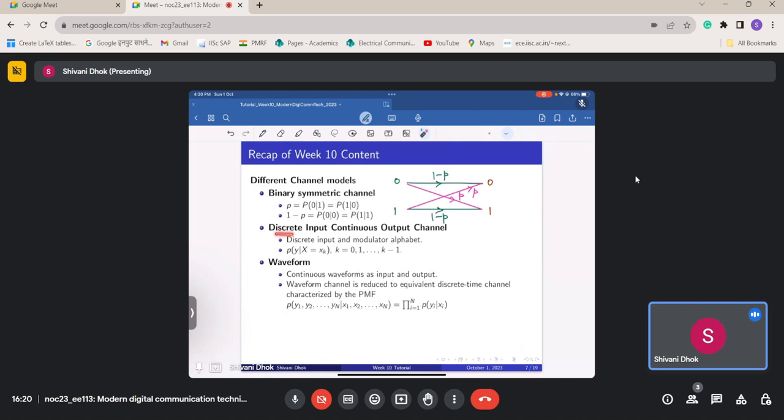After that, the discrete input continuous output channel was discussed. So in this, we have discrete input, that is the symbols are discrete. Suppose we have K symbols, so this should be capital K. If we have K symbols, then for k equal to 0 to K minus 1, we have discrete input, and this is a modulated alphabet.